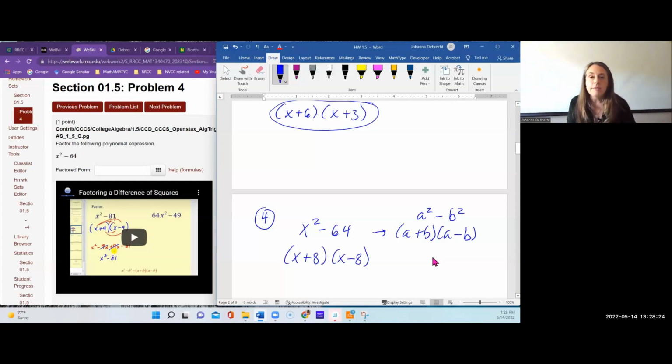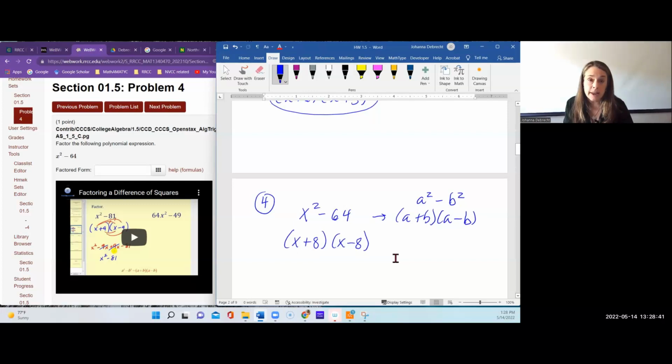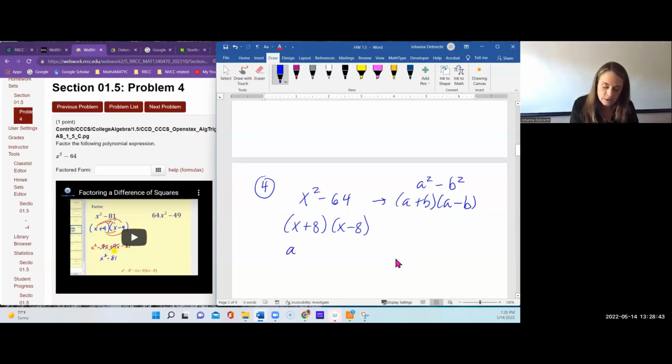Now, if there were anything else that you could do, like a greatest common factor, you should do that first. And then you can factor what's left. You can also take out the greatest common factor at the end, but it is more difficult. When you're looking at this one, you can also apply the AC method. So let's take a look at what the AC method would look like on the difference of 2 squares.